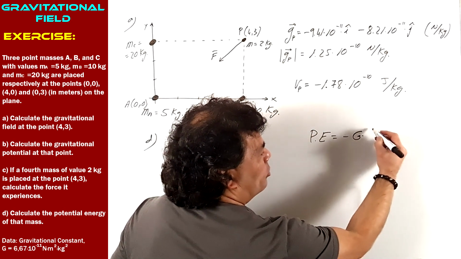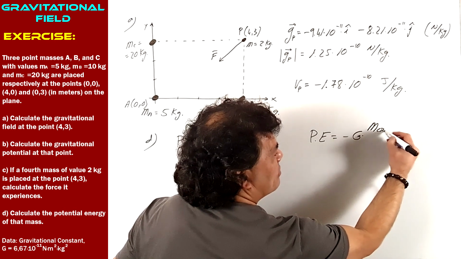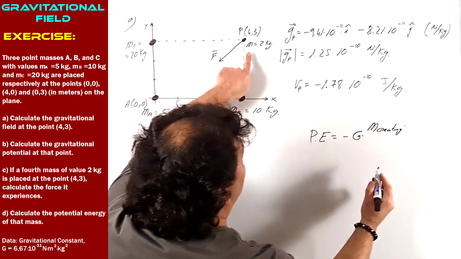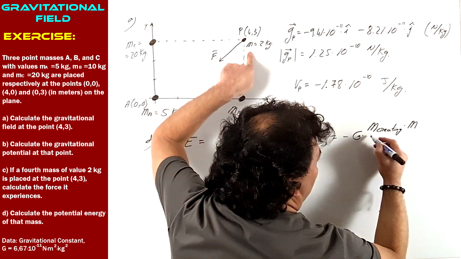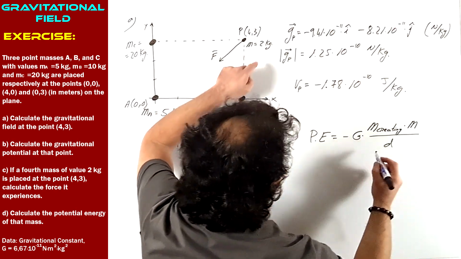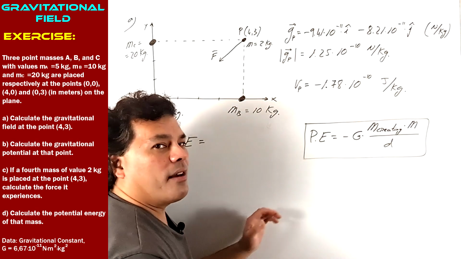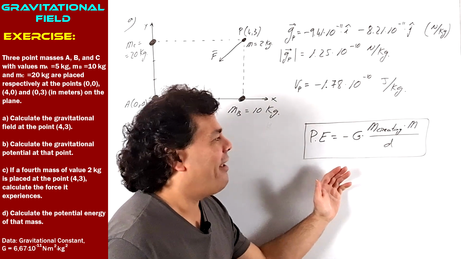Negative G multiplying the creating mass, multiplying the test mass, divided by the distance, as we did in section B.